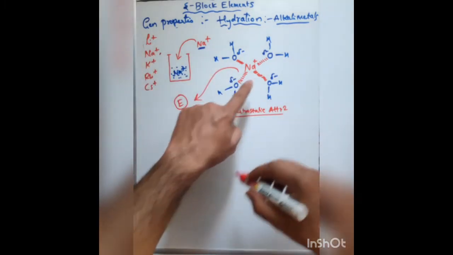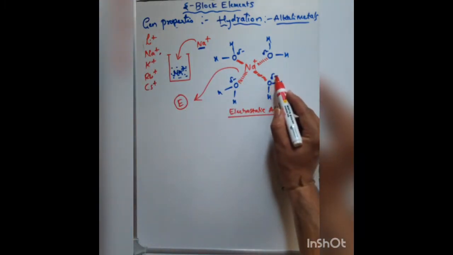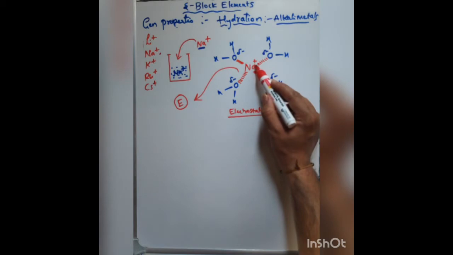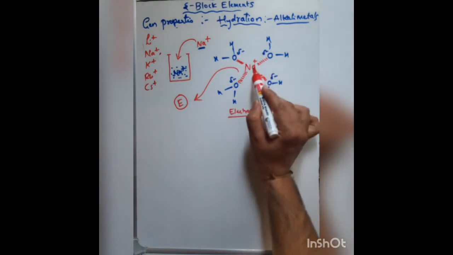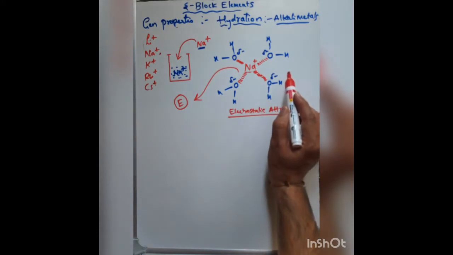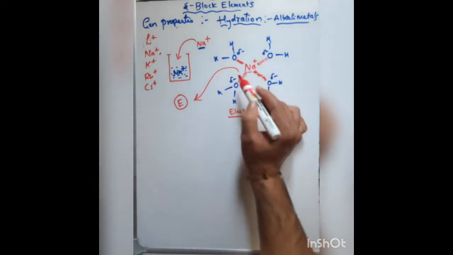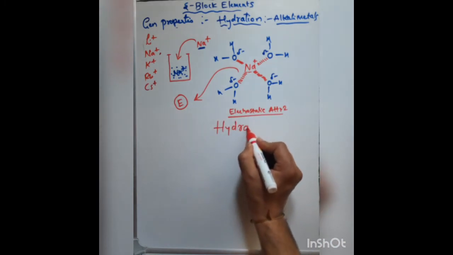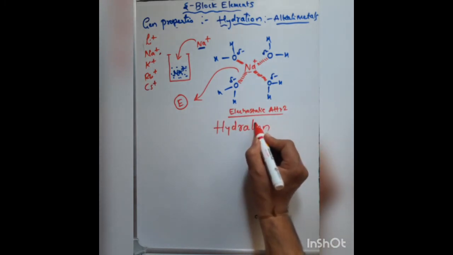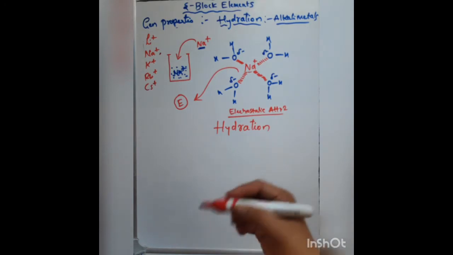In the water molecule, oxygen has negative charge and sodium has plus charge, so water molecules will surround the sodium plus. This kind of interaction is called hydration.